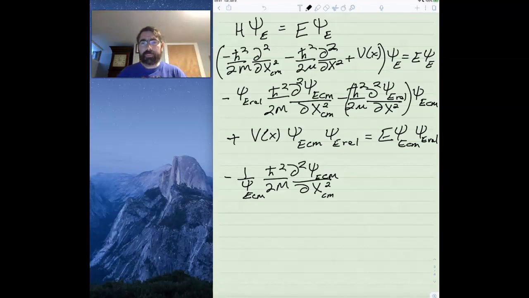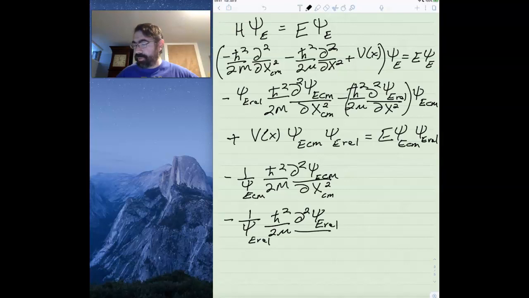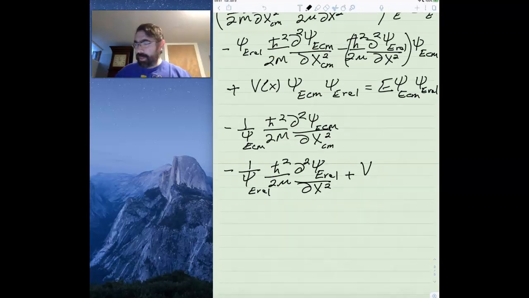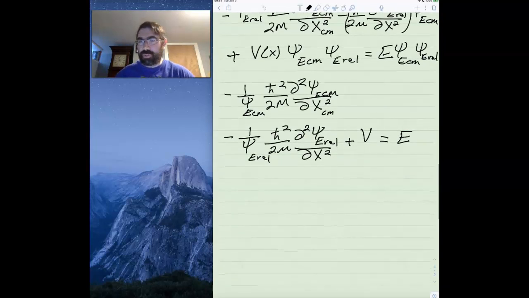So you get that term, and then I would also get a term minus 1 over the wave function E relative, h bar squared over 2 mu, the second derivative of the wave function for the relative motion, plus V. So I've essentially written it as two terms, and these two things added together are equal to the total energy.